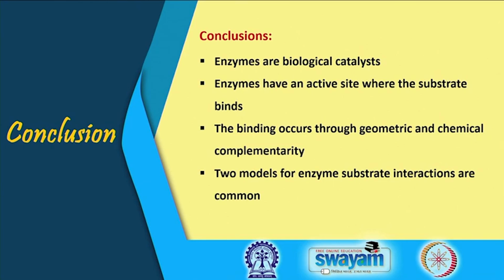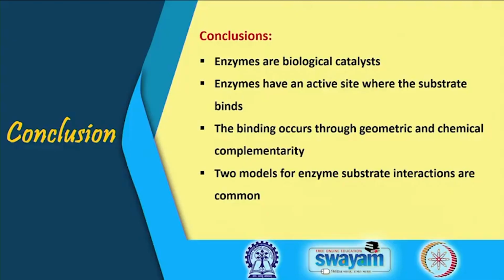What kind of complementarity? Either geometric or chemical complementarity. So, if we have a hydrophobic active site, an acidic active site, a basic active site, or one that can form aromatic pi stacking or different types of interactions or hydrogen bonding, we want a non-covalent interaction between the enzyme active site and the substrate.